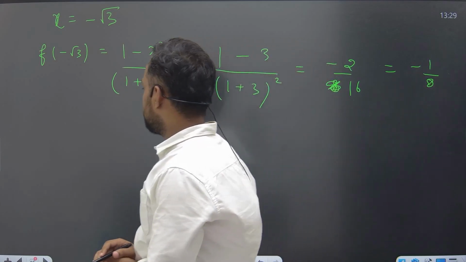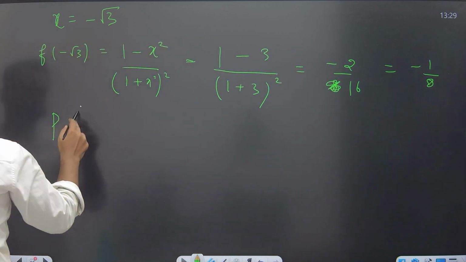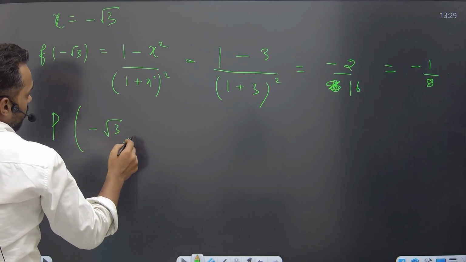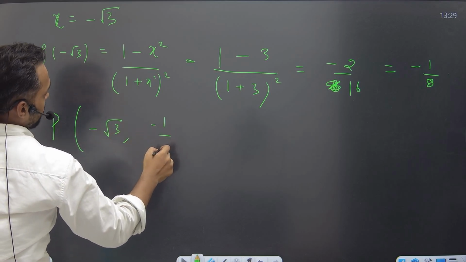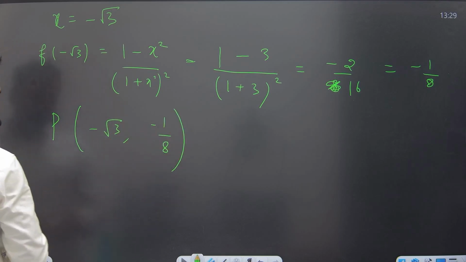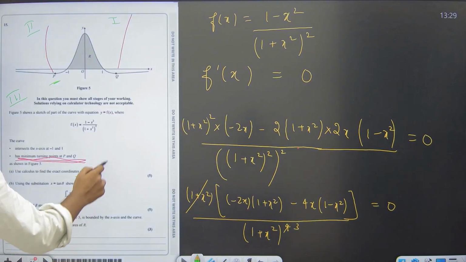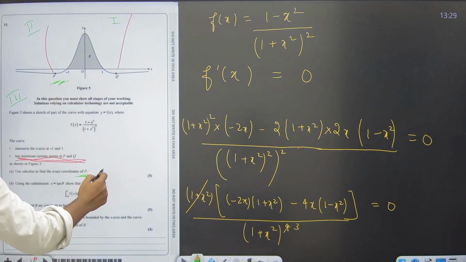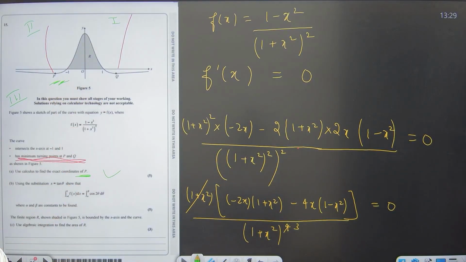So what is the exact coordinate of P, student? That will be negative root 3 comma negative 1 by 8. This is the exact coordinate of P, students. So we have calculated this as well. Now the next part is using the substitution x equals tan theta.